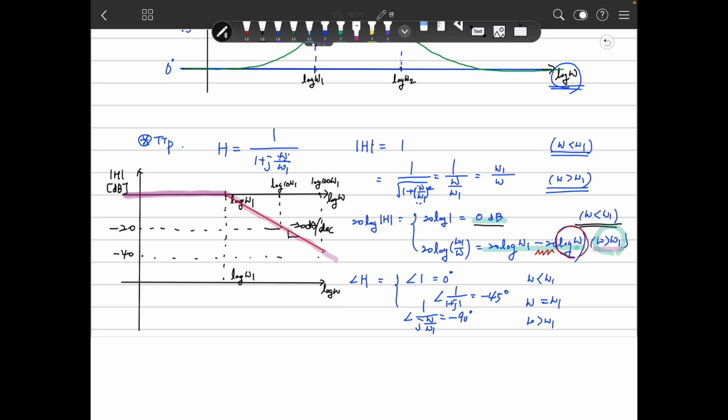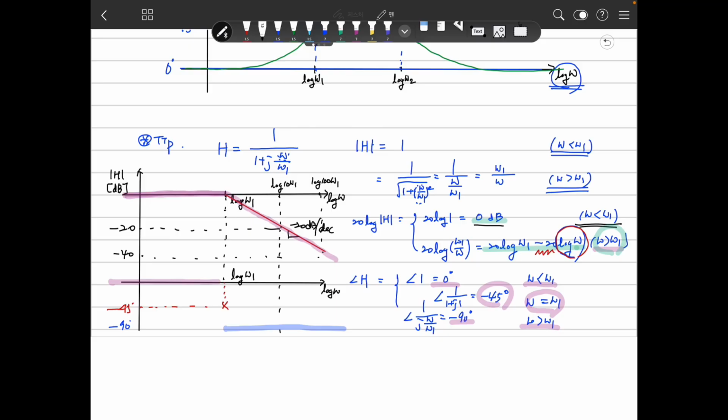And how about the phase angle? In this area, the phase angle is 0 degree. And at the point of omega 1 it is minus 45. So at this point, that is minus 45. And how about when omega is larger than omega 1 here? That means minus 90 degree in this area. So we need to define the phase angle graph. How can we do that here? In general, we use approximations.